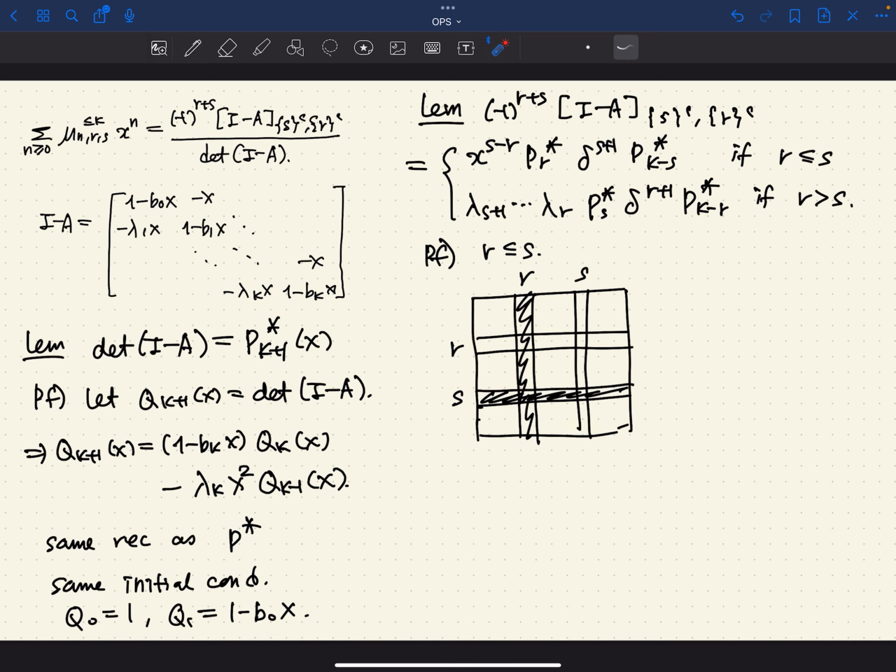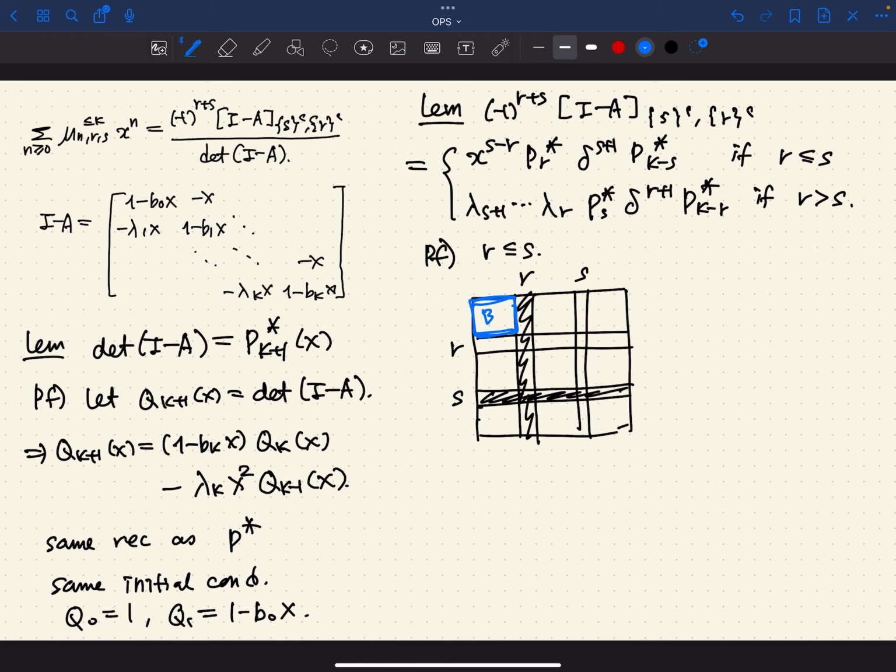But this is a tridiagonal matrix, so these parts are all 0, and we only need to look at the parts that are here.